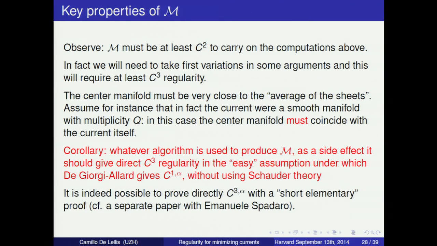OK, so this was our starting point to understand how this is possible. And it is indeed possible to prove directly C3 alpha with a short elementary proof. Short elementary proof means 15 pages and knowledge of the usual stuff, I mean, what was done in the 50s and the 60s, without adding too much new technology.